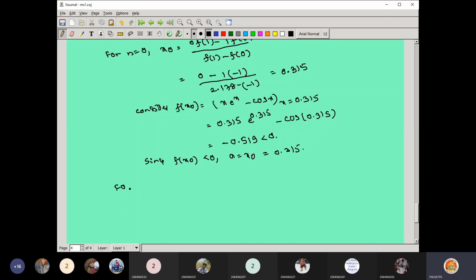So go to the next approximate root for n equal to 1. Now tell me what x1 comes out to be. Same formula, only a has changed. Let's see what comes: x1 value is a into f of b minus b into f of a divided by f of b minus f of a.